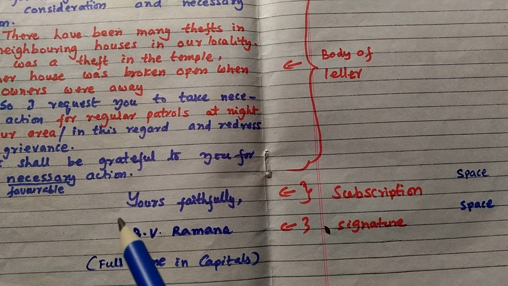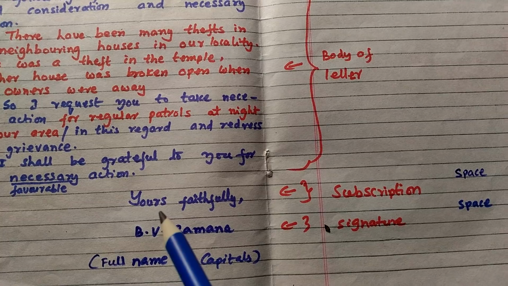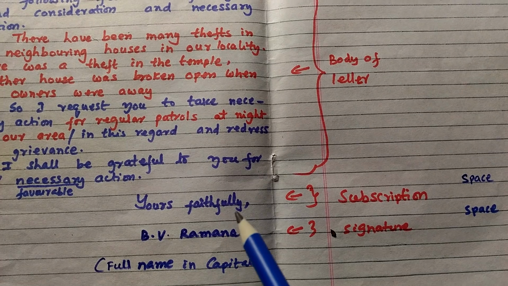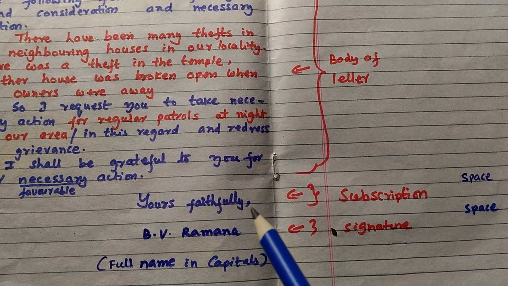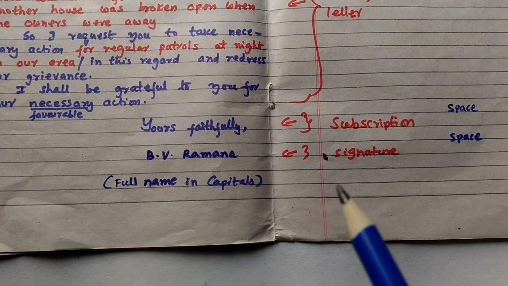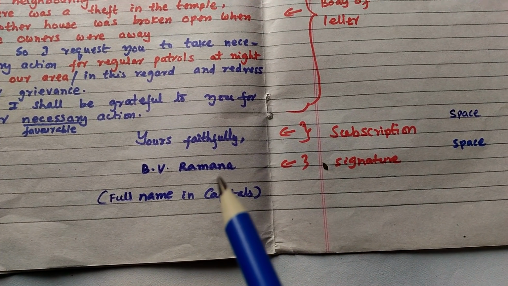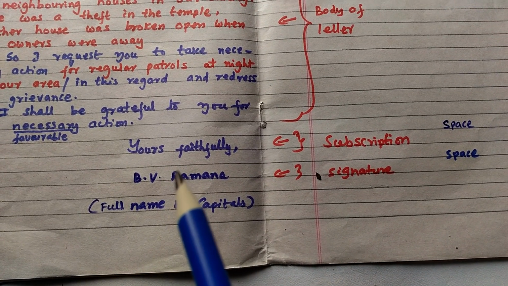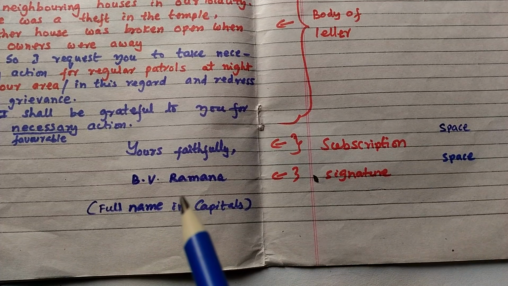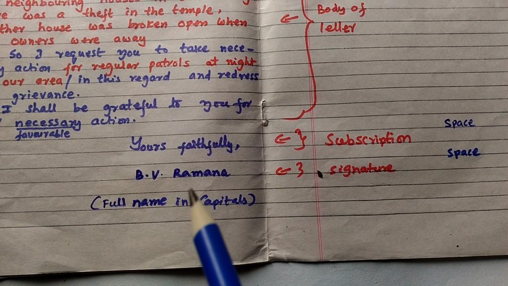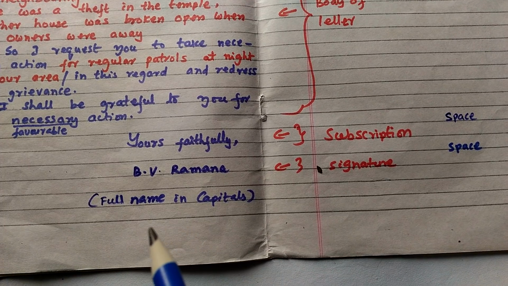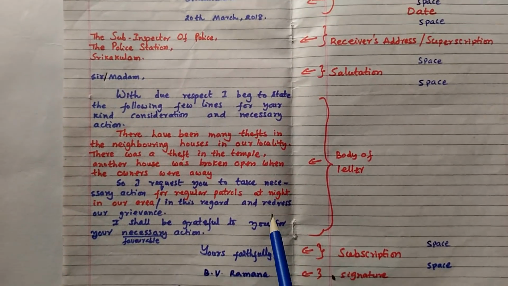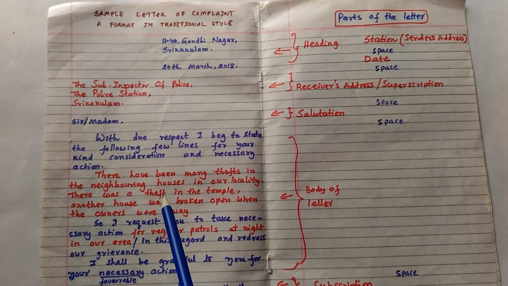Care should be taken to see that Y is the capital letter, there is no apostrophe after r, and f is the small letter, and here we put a comma. And then we have to give a name, that is the signature. The signature should be a very short one. You should not write the full name here. You can write a short name, and below that we can give the full name in capital letters. In this way, this is the format of a letter of complaint.